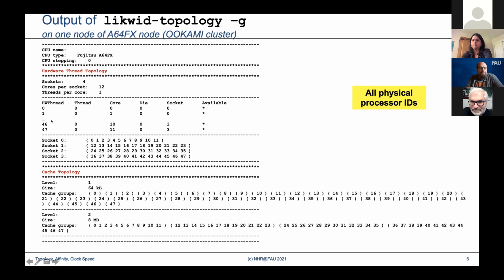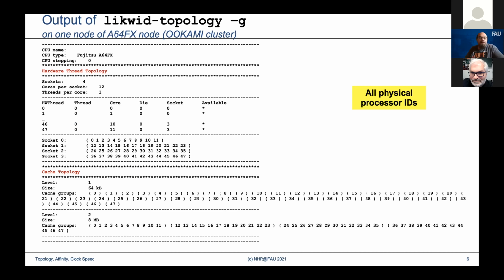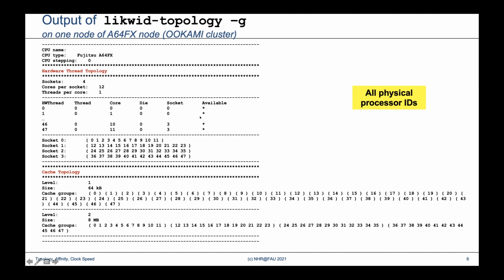I shortened it a little bit. We have all the cores with the thread IDs, core IDs. Die is a pretty recent addition to that list. Then the socket, and whether it is available for you to use. If you're on a cluster, normally in a job, you might be restricted to use only a few cores. If you do a LIKWID topology, it shows you with the star marked which cores are available for you. Then we have a socket list, which shows you which core is on which socket again.